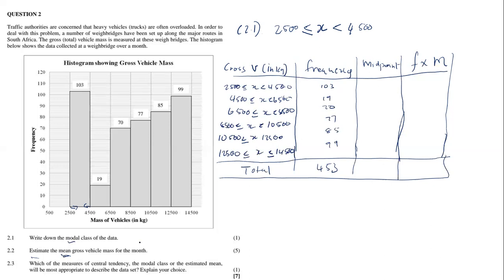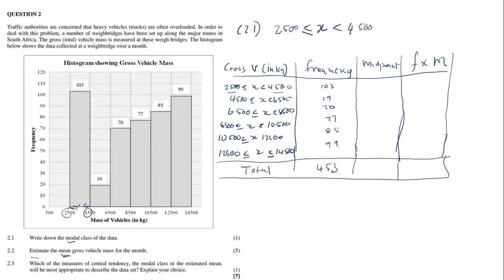And then the midpoint, how do we determine the midpoint? Guys, the midpoint is very easy. All you do on your calculator, it's simple: you're gonna add the end values, this plus this, and then after adding, you're gonna divide that by 2. You get the midpoint.